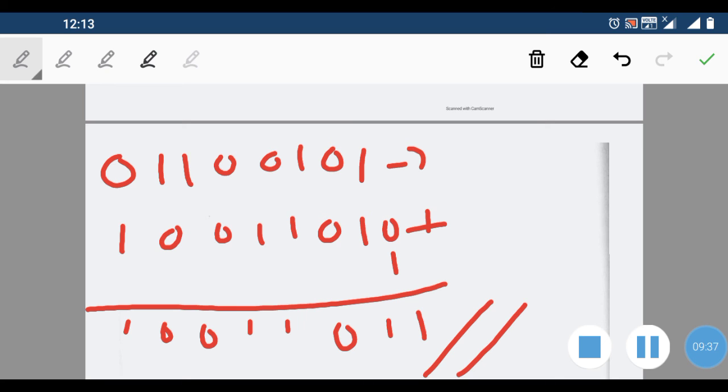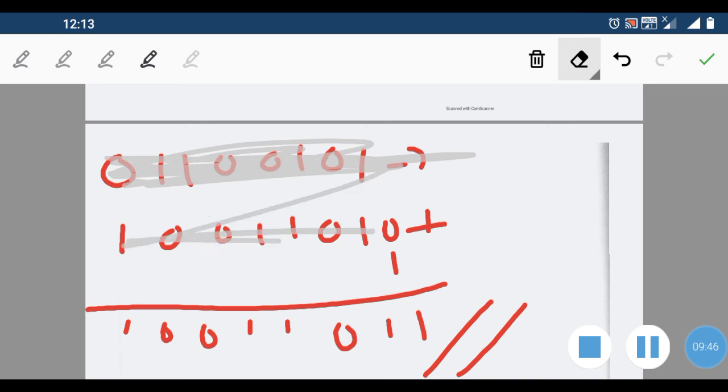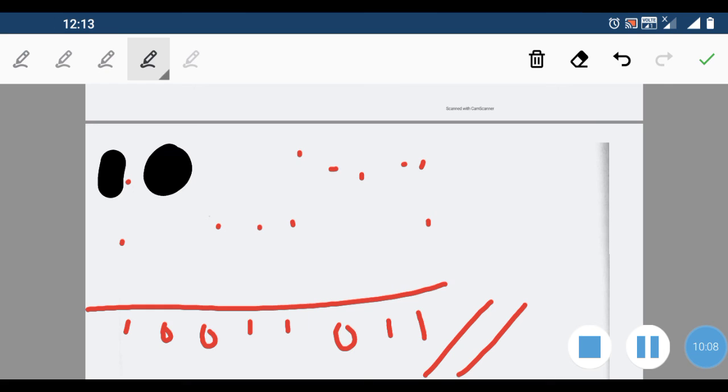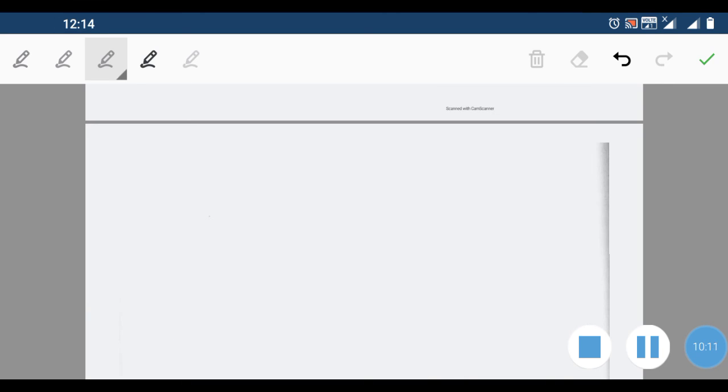So in the first 23 part, in the 24-bit formation, the first 8 bits are like this: 1 0 0 1 1 0 1 1.